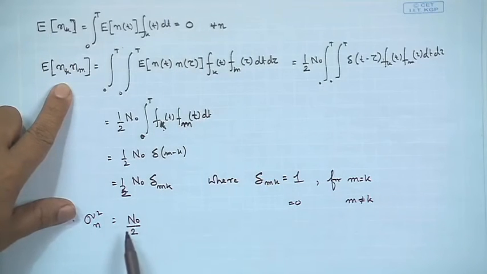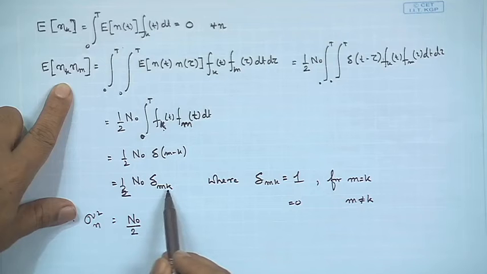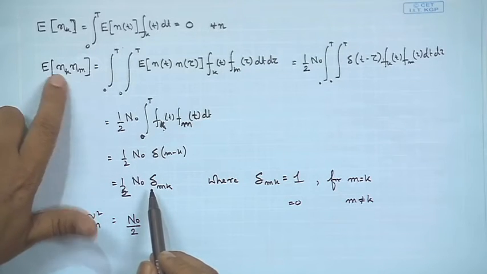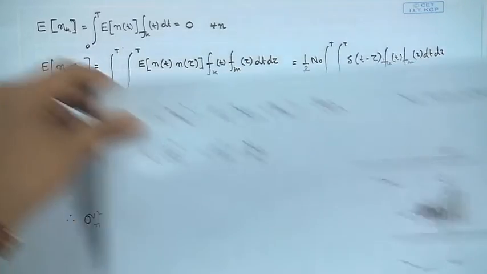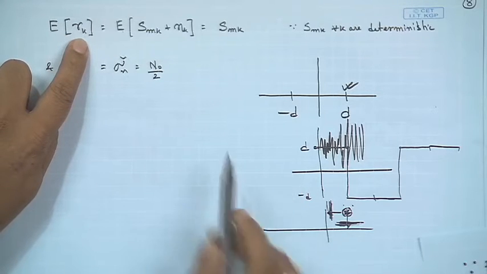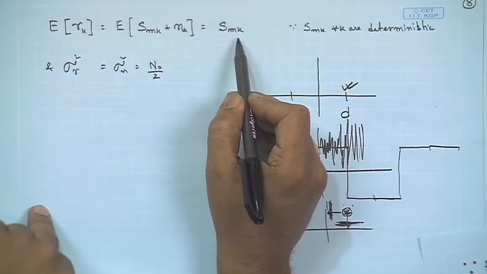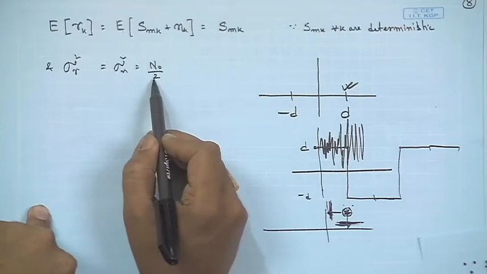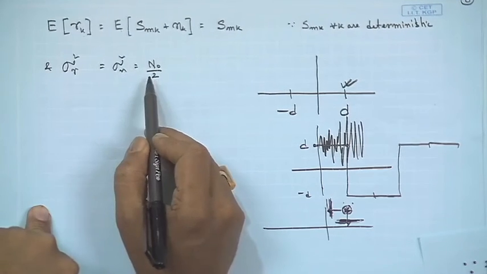The correlation was N0/2 delta_mk, which effectively means that they are uncorrelated for different values of m and k. And then we looked at the expected value of the received component, which turned out to be the component of the transmitted signal itself, and the variance is of course the variance of the noise component, which is N0 by 2.